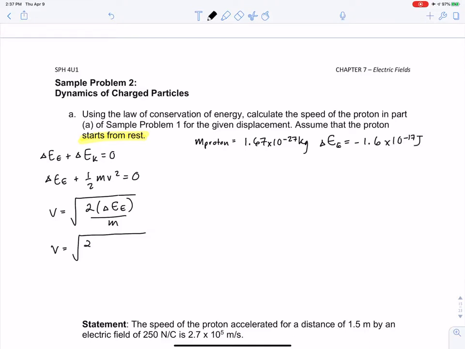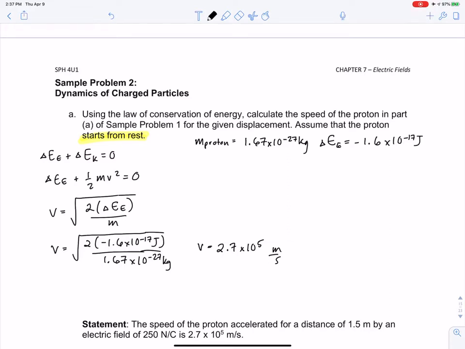So we can sub these values in, and we can determine the final speed of the proton is 2.7 times 10 to the power of 5 meters per second.